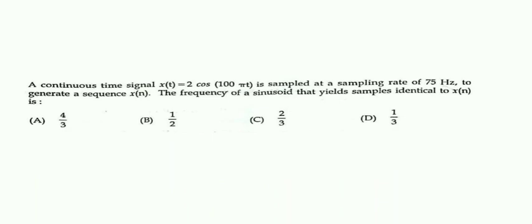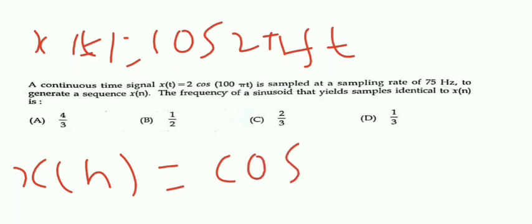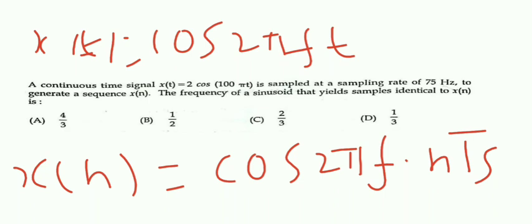Let us see. We know that in general any signal x of t is equal to cos 2 pi f t. If you sample this, what you get after sampling becomes x of n, which is cos 2 pi f nTs. This is your continuous time signal and this is your discrete time signal after sampling with the sampling frequency of fs. Ts is the sampling period, Ts is equal to 1 by fs, we can substitute.